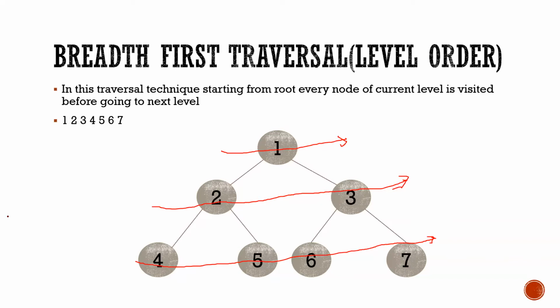This is also known as level order traversal, because we are traversing from the zero level to the last level. It is the zero level, starting level, first level, second level. We are traversing it by level, and it's also known as breadth first traversal.